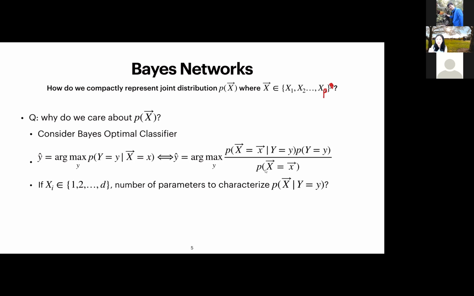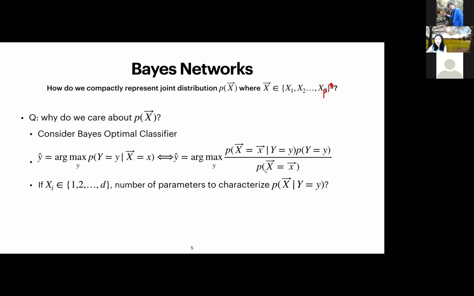You would essentially need a D by D by D by D, P such multiplications, like such a tensor to represent the joint probability, right? The tensor would be P dimensional, but each dimension is of length D. Do you agree? Right.